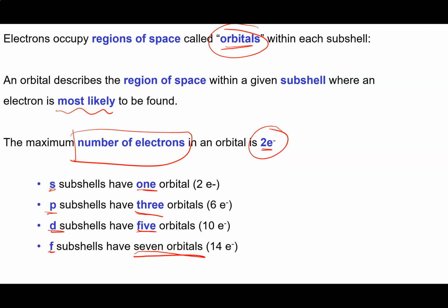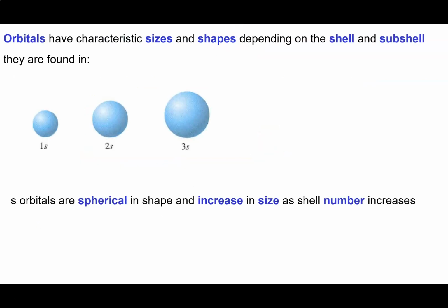Now, we can't go any finer in detail than the orbital. That's the end of the road. So it's kind of interesting to ask, what do these orbitals look like? You know, what do these regions of space look like? So the orbitals of the different types have different sizes and shapes depending upon the shell and the subshell that they are part of. So a 1s subshell has an s orbital that is quite small, and you see that it is spherical.